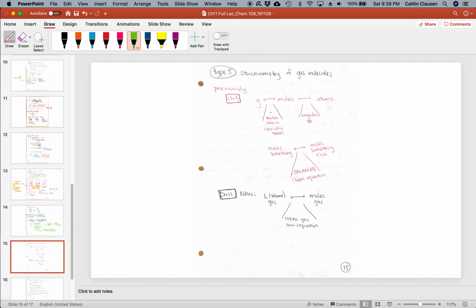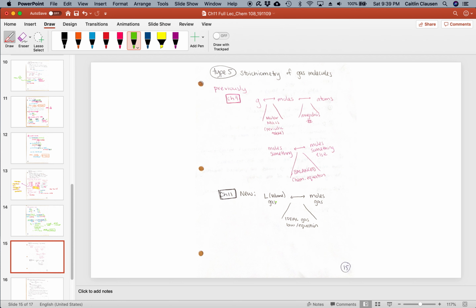So in chapter 9, you learned conversions. You already knew grams to moles, where you used molar mass to convert from grams to moles, Avogadro's number to convert from moles to atoms, and then the balanced chemical equation helped you convert from moles of something to moles of something else.